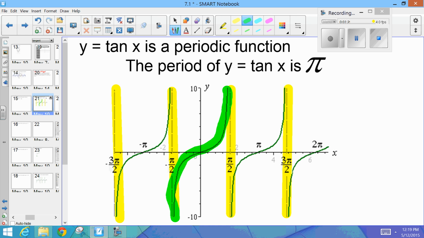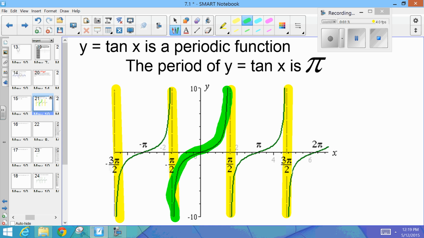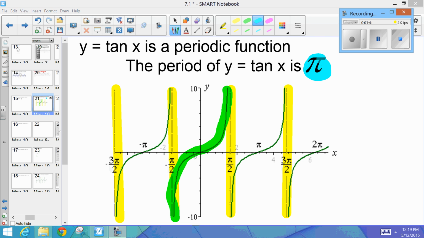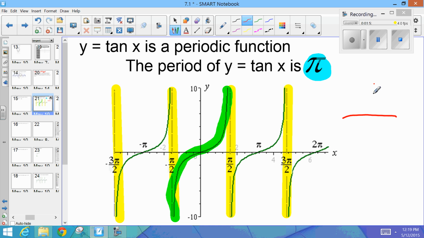So blank screen. Let me go back again a second. The period of tangent is pi. The period of cosine and sine, of course, were 2 pi. But the reason that this has a shorter period, let me think about an angle in standard position.